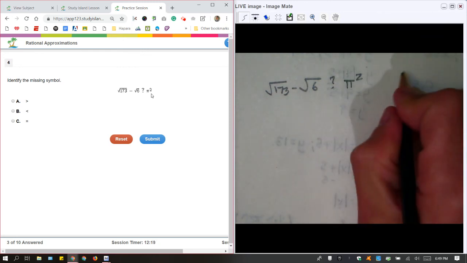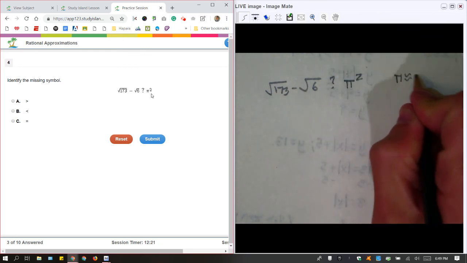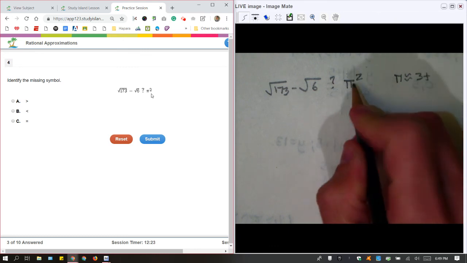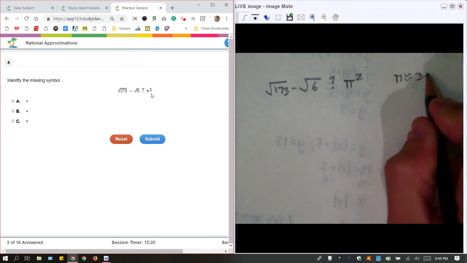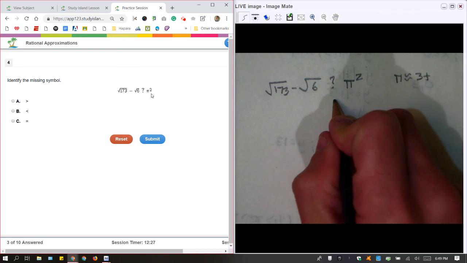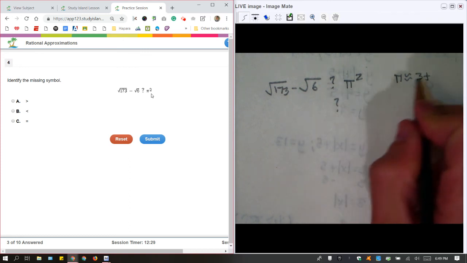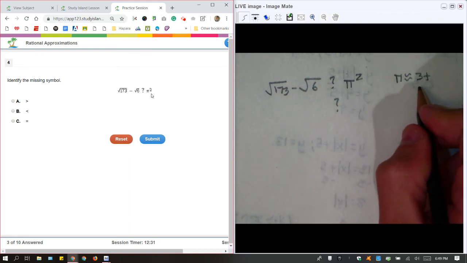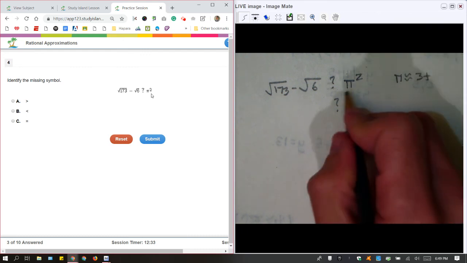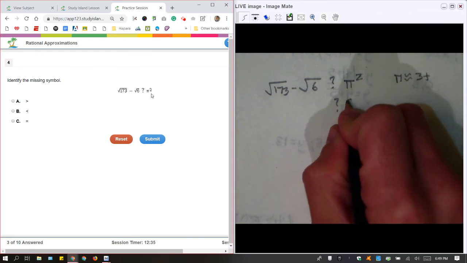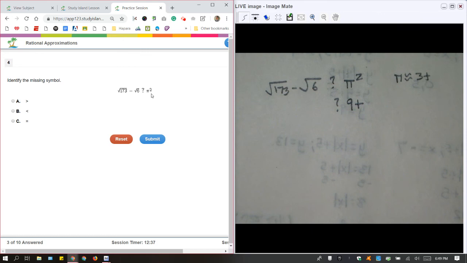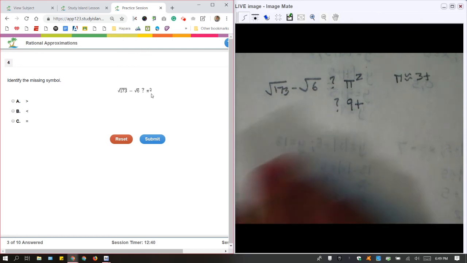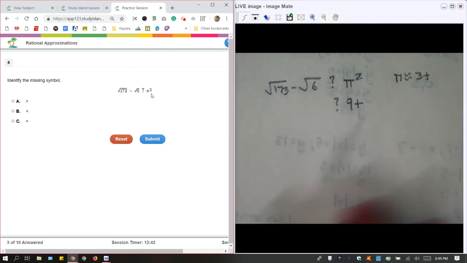Pi is a little bit more than 3. So if pi squared is a little bit more than 3 squared, I know that this side of it is going to be a little bit more than whatever 3 times 3 is. 3 times 3 is 9. So I'm just going to write that as 9 plus. Again, this is approximations. We don't have to be exact right now. We're just getting close.